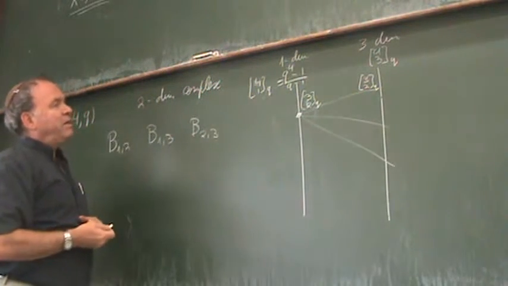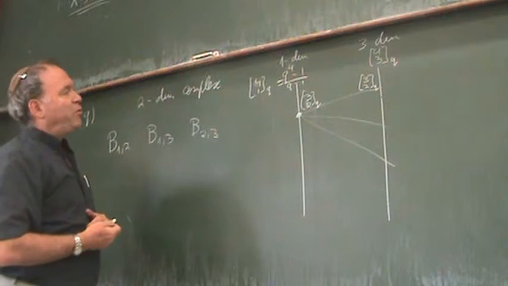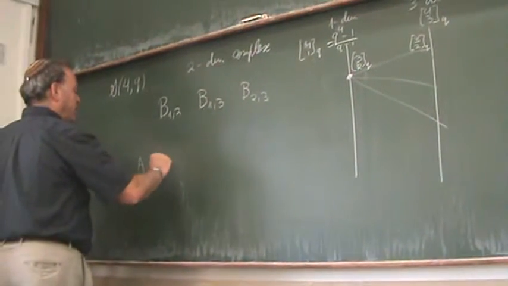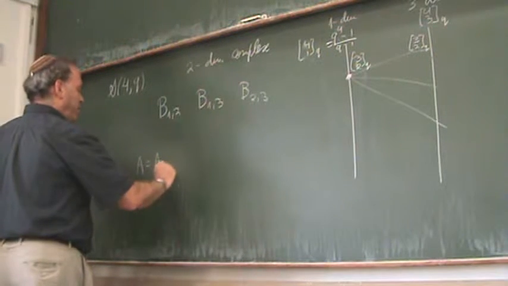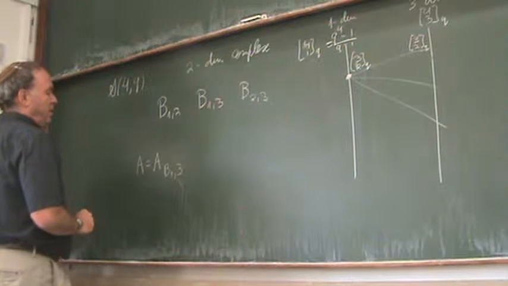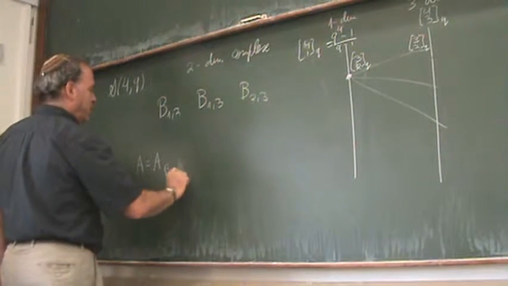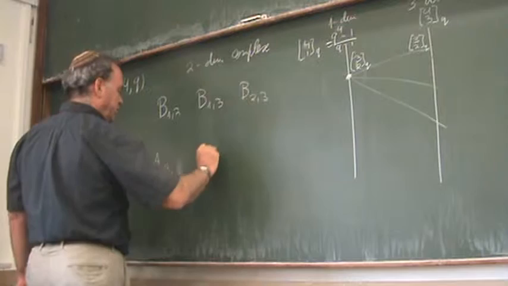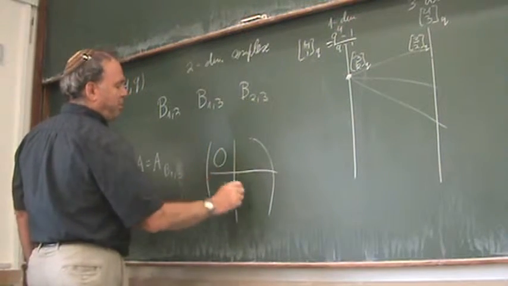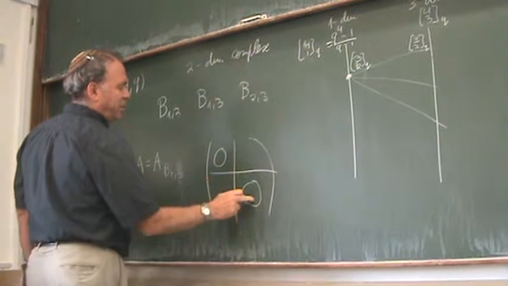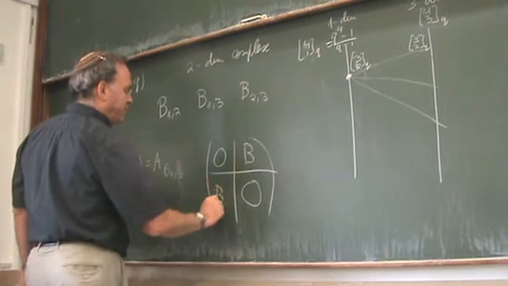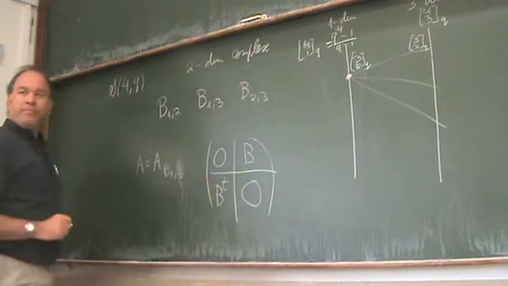And now, if you want to look at the matrix, if A is the adjacency matrix of this graph B13, we think of it as bipartite, so there is nothing here, and here we have some matrix B, and here we have B transpose.